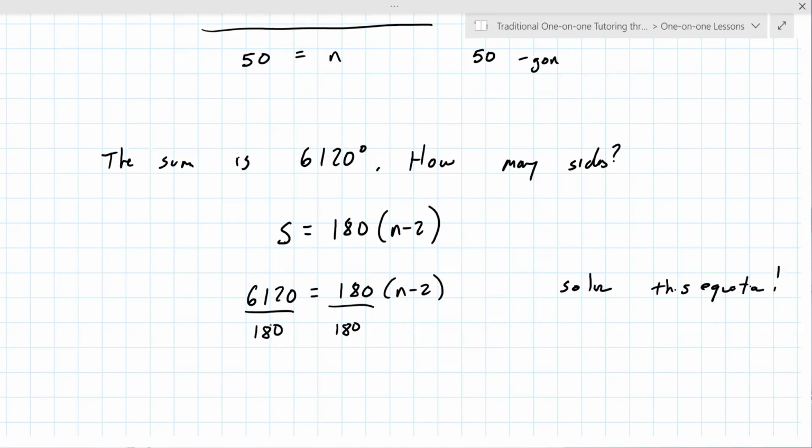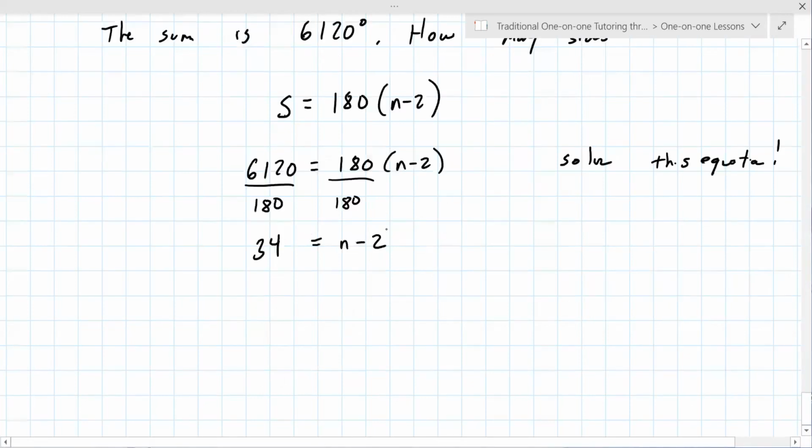Nope, try again. 34. Very good. So what is the last step here? How do you undo subtraction by 2? Adding 2. What does n equal? 36. So this is a 36-gon.